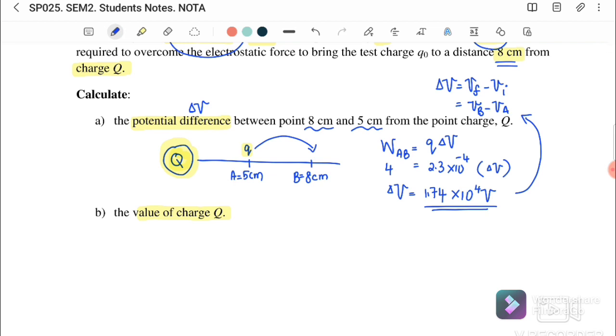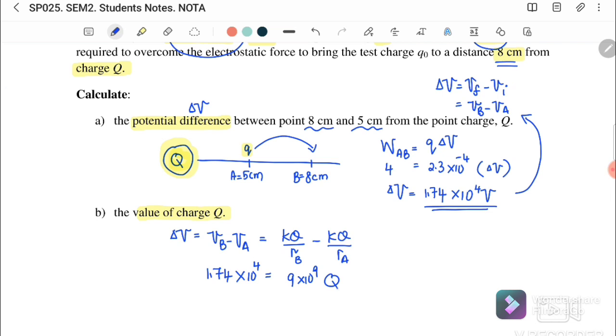What we should do is find out first: just now we got delta V, the potential difference, which is VB minus VA. Or we can write it as KQ over RB minus KQ over RA, and the value is 1.74 exponent 4. K is the constant value, 9 exponent 9.